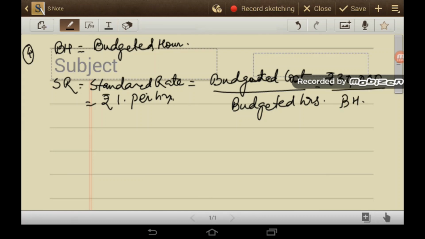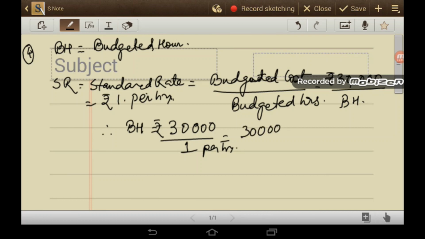Therefore, BH is equal to 30,000 rupees, the budgeted cost, divided by standard rate per hour, rupee 1 per hour. So this is equal to 30,000 hours. So budgeted hour we have found out to be 30,000 hours and budgeted standard rate is given as rupee 1 per hour. So these are the two parameters.